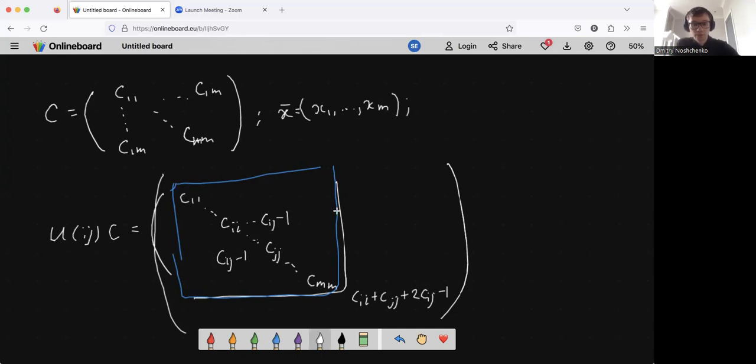One group is the pair that has the indices I and J. So here you have CII plus CIJ minus 1, the pair which participates in unlinking, CIJ plus CJJ minus 1.